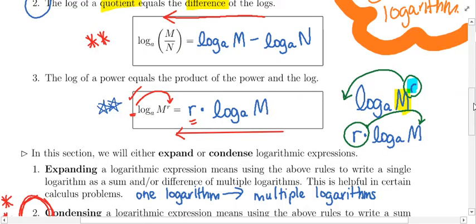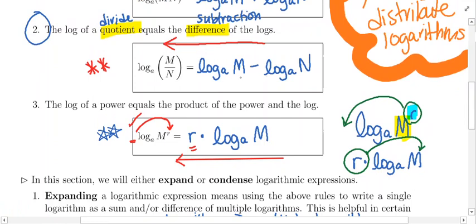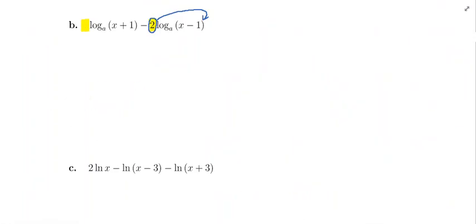That subtraction sign in the middle will be taken care of by the second property. If you're condensing two logarithms and you're subtracting them, the subtraction will turn into division. So you're only going to move the positive 2, and leave the subtraction sign in the middle.